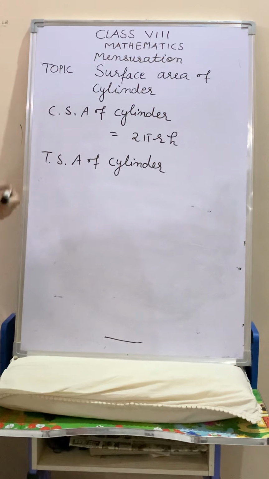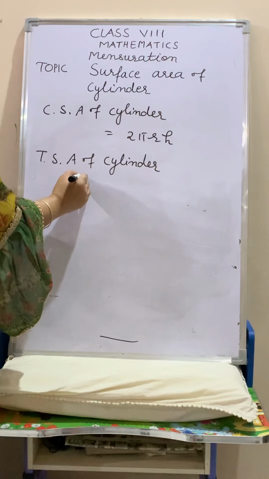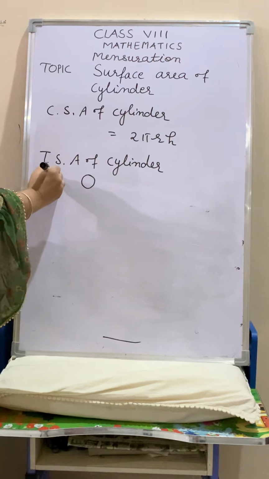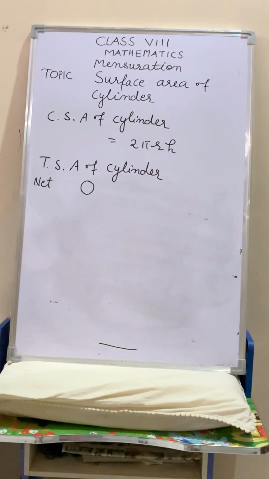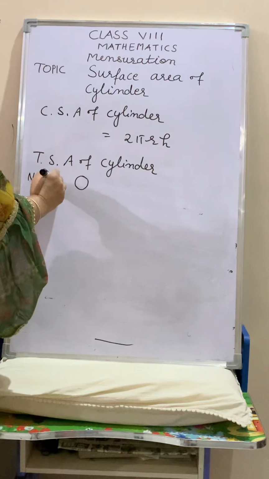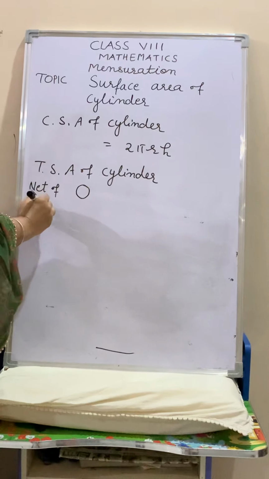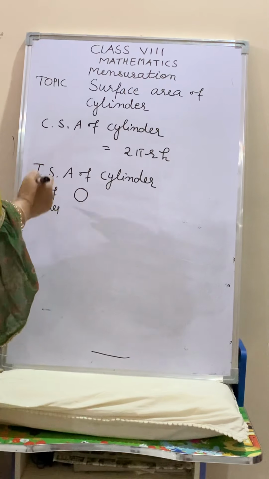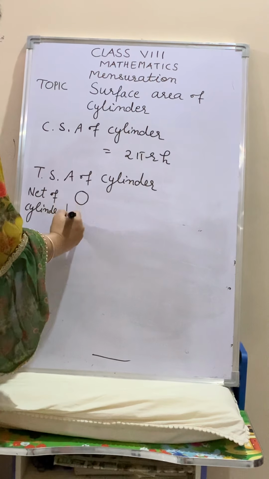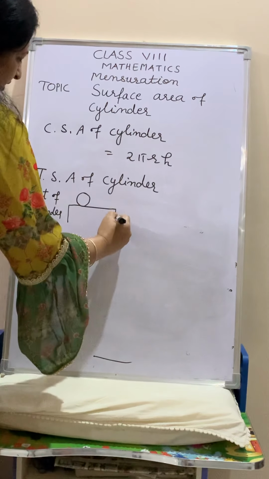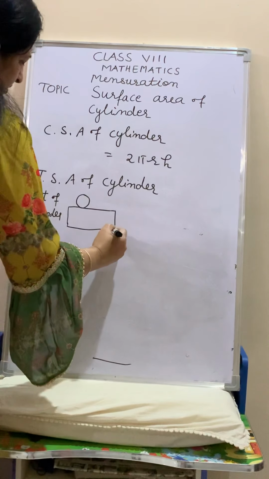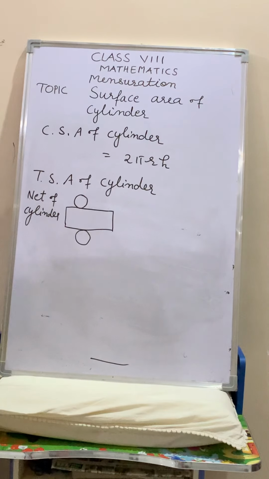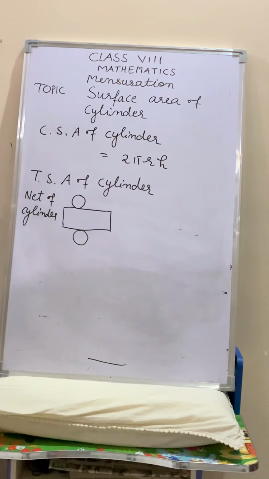The net of cylinder: the upper portion is a circle, in between a rectangle, and the bottom portion is also circular. You know about the net. It is the net of cylinder.